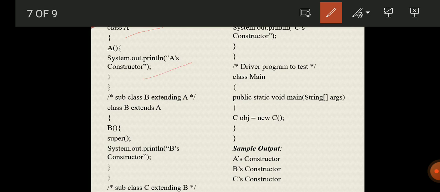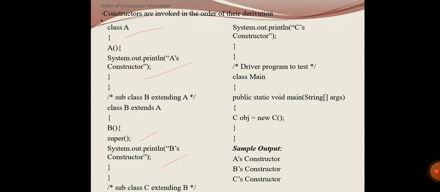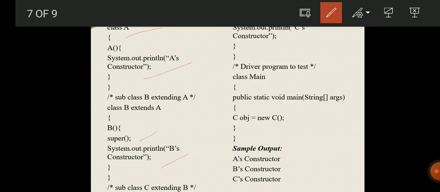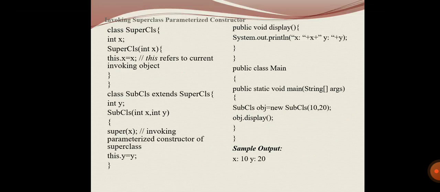Then class B which extends A, the same example; in that we call super(), then it prints B. Then we have class C, and we print the C constructor. So while creating the object, first it will print A, then B, then it will print C. This is how the order of derivation works.